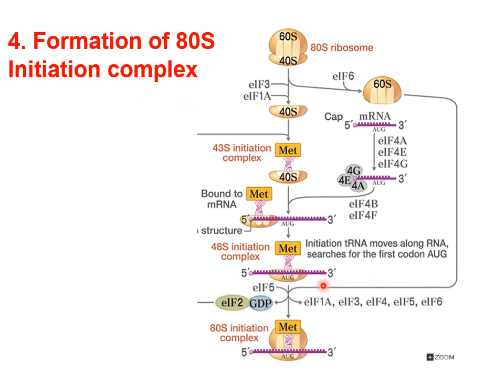This occurs with the help of eukaryotic initiation factor 5, which hydrolyzes the GTP present on eukaryotic initiation factor 2. Remember that right from the beginning, eukaryotic initiation factor 2 is carrying the GTP, and during this last step, the GTP gets hydrolyzed to form GDP. Also there is release of all the other initiation factors, so 1A, 3, 4, 5, 6, all the initiation factors get released to form finally the 80S initiation complex.